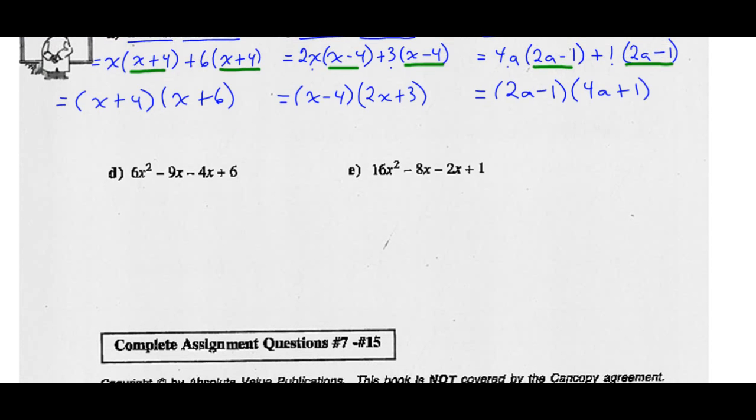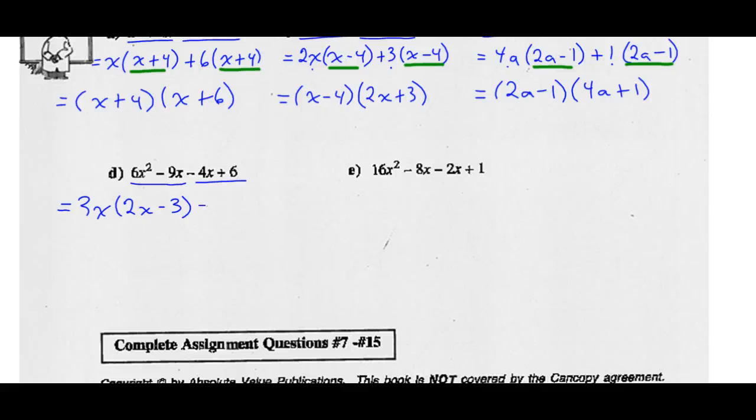Let's look at D. Common factor of the first two terms looks like it's going to be a 3x. 6x squared divided by 3x is 2x. And negative 9x divided by 3x is a minus 3. Look at your last two terms, negative 4x plus 6. Usually if the first term is negative, I'm going to factor out a negative sign.